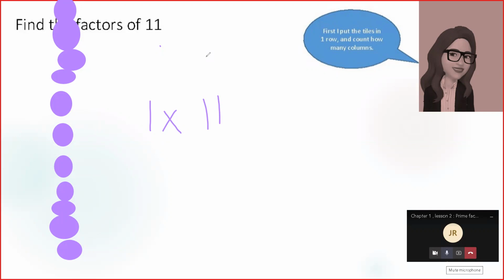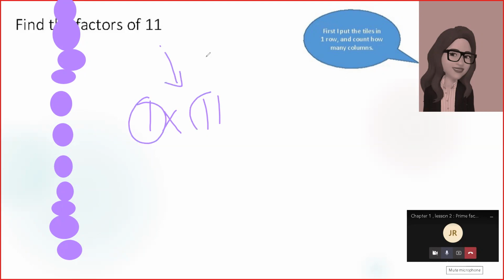Can I say 5 times any number? 6 times any number? 3 times any number? I'm talking about multiplication. No. So only 2 factors for 11.